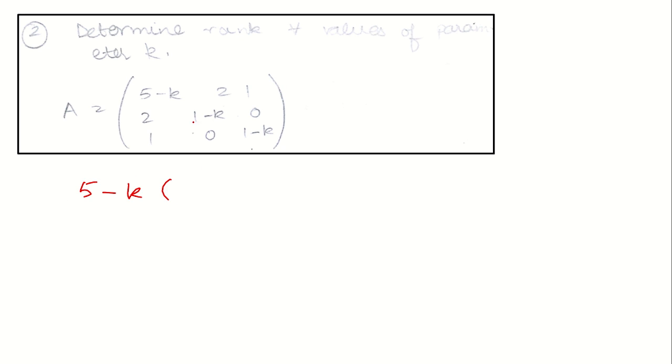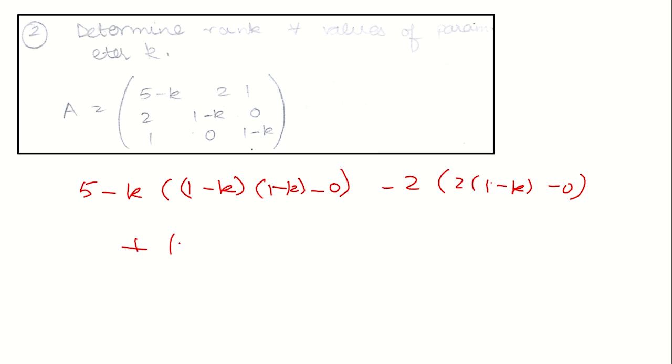So if I'm going to solve it right here, if you have to calculate the determinant of this, you would have (5 minus k) into (1 minus k) into (1 minus k) minus 0, minus 2 into 2 into (1 minus k) minus 0, plus 1 into (0 minus (1 minus k)).